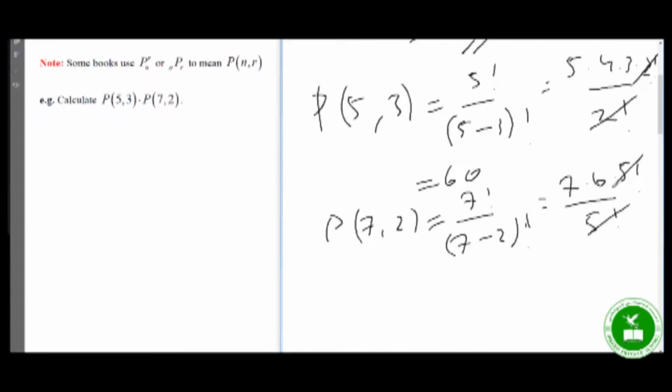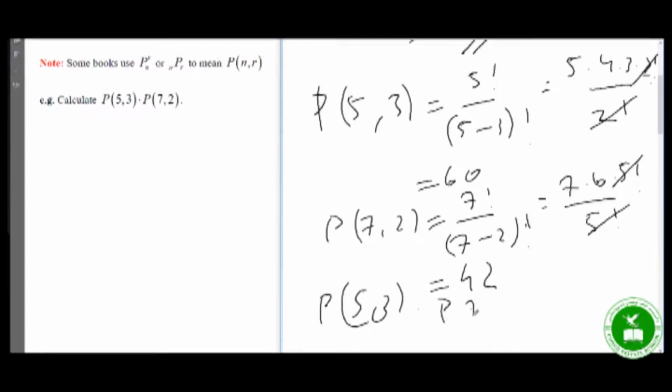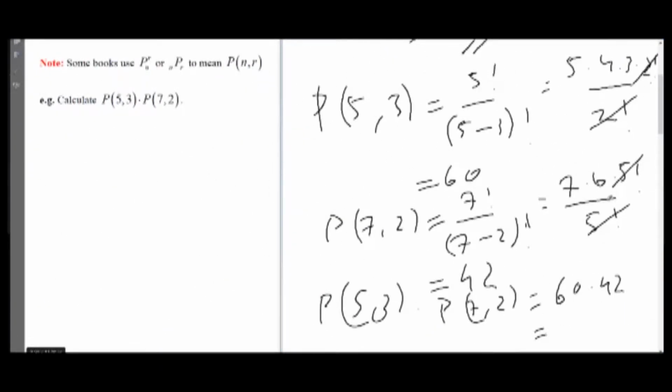The 5 factorials cancel, and 7 times 6 is 42. If we multiply them, the permutation of 3 from 5 times the permutation of 2 from 7 is equal to 60 times 42, which is equal to 2,520.